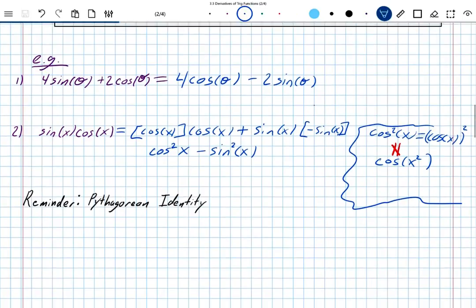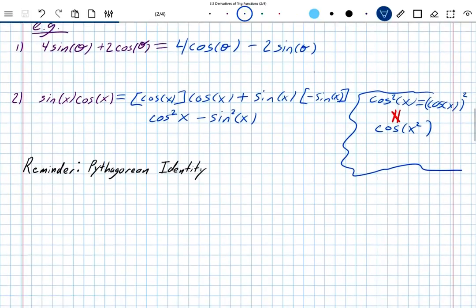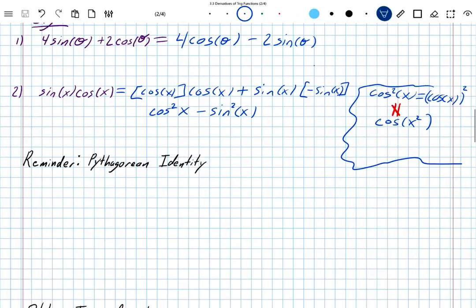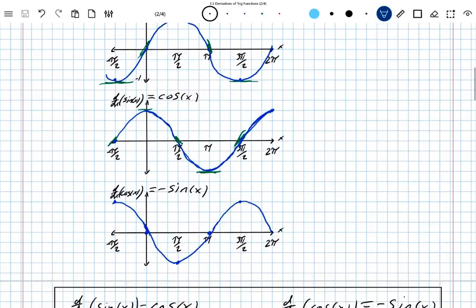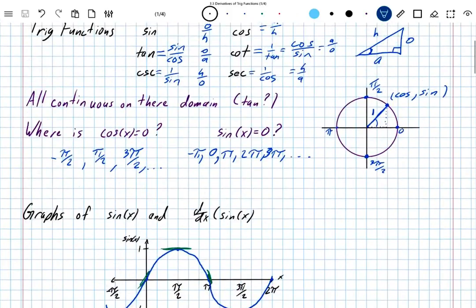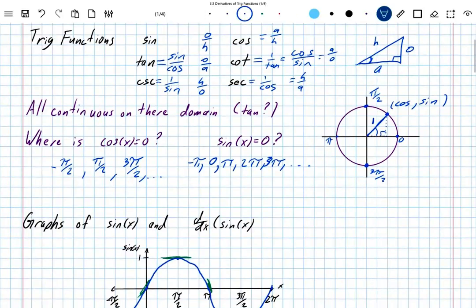Here is another friendly reminder of something from trig that you may have forgotten that's going to help us out very shortly here. The Pythagorean identity. If there is one trig identity you actually need to know and use, it's definitely the Pythagorean identity. So, if we recall from way back when, let's scroll up to this amazing unit circle. We had this right triangle, but also our unit circle up here.